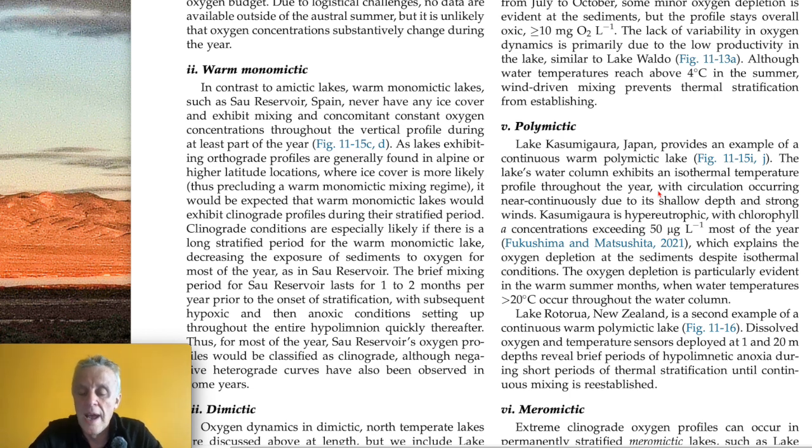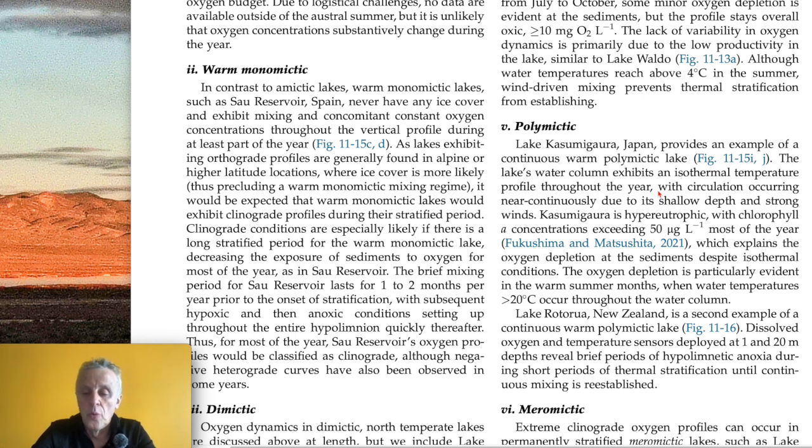Kasumigara is hypereutrophic, with chlorophyll A concentration exceeding 50 micrograms per liter most of the year, which explains the oxygen depletion at the sediment despite isothermal conditions. The oxygen depletion is particularly evident in the warm summer months when water temperature is greater than 20 degrees centigrade, and occurs throughout the water column.